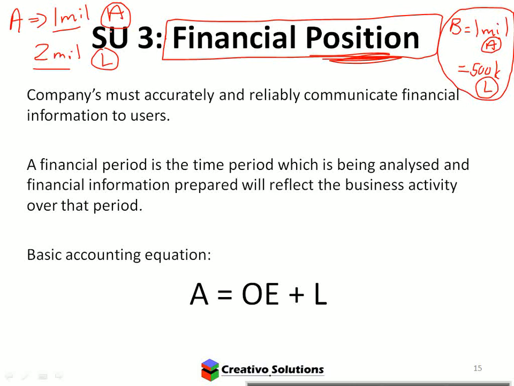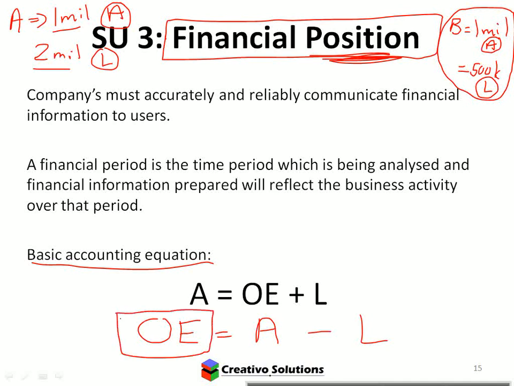So it's a very basic, easy concept to interpret. The accounting equation talks to that principle. Financial position. Why? Because the accounting equation is A equals OE plus L. I can rearrange this equation and make OE the subject: OE equals A minus L. That's the equation for owner's equity.